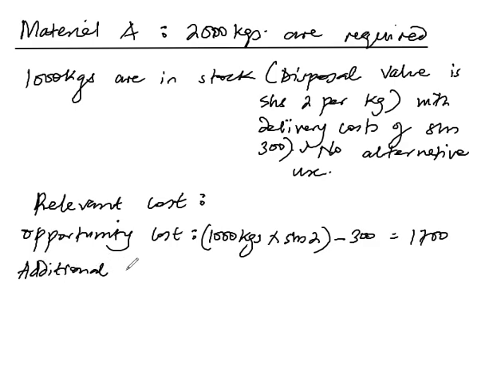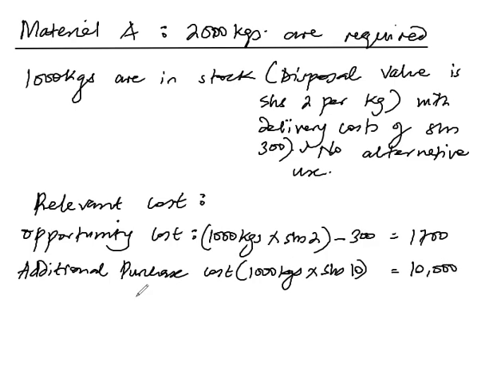This is additional purchase cost. That is 1,000 kgs times shillings how much? These materials can be purchased at their current purchase price of shillings 10 per kilogram. Therefore, 1,000 kgs times shillings 10 gives us shillings 10,000.